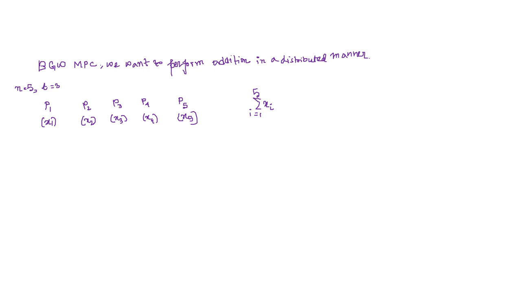And in BGW, the convention is that all the individual inputs of the parties will be secret shared and each party will get some share of it.